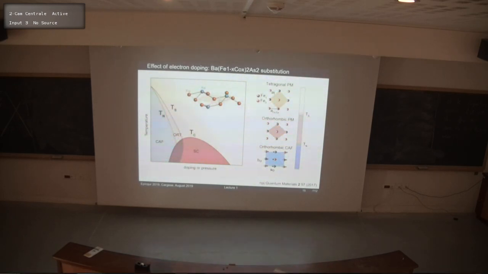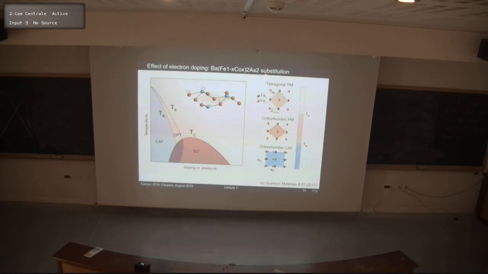So this is a summary of the findings related to this 1-1-2 family of compounds, where you have this generic phase diagram that you might find in other families of superconductors. In this case, there is a structural transition followed by a magnetic transition. And the magnetism that develops here is a collinear antiferromagnetic order.